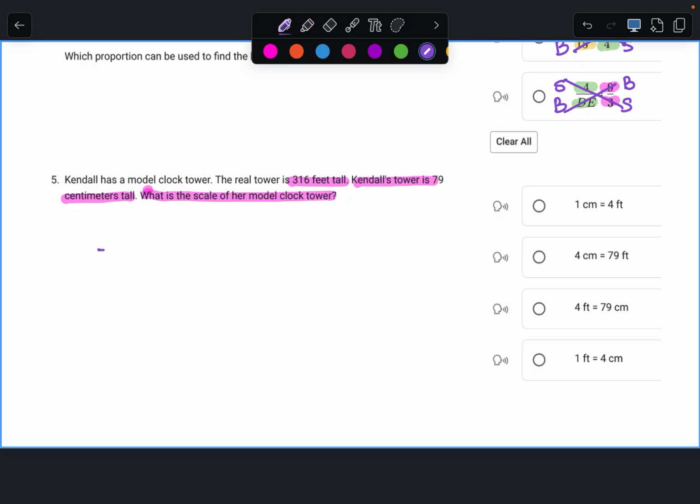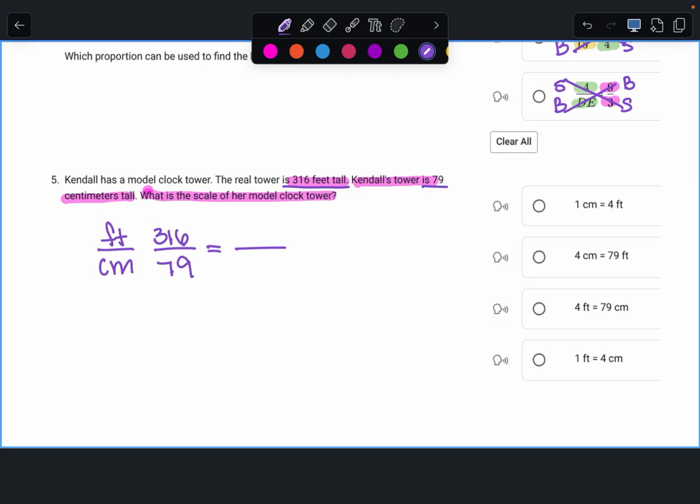Okay, so I'm going to set up a proportion. Labels given: my labels are going to be feet and centimeters. And my given information is that the real tower is 316 feet and the model is 79 centimeters.